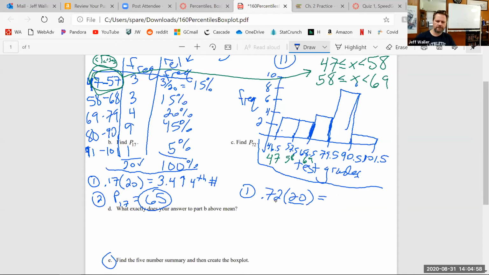So what is 0.72 times 20? 14.4. I like it. And then, of course, you just round it up to 15. The 15th number is 87. You guys agree? Yes, okay. 87.